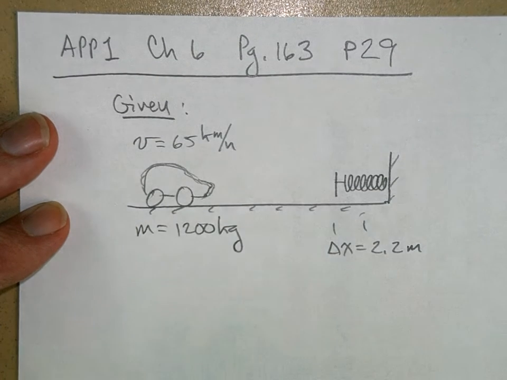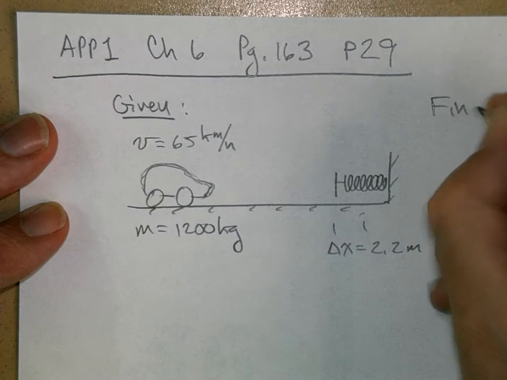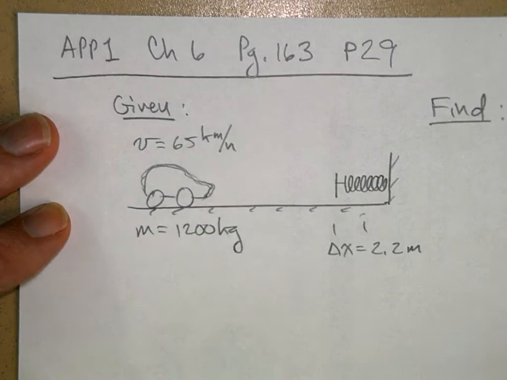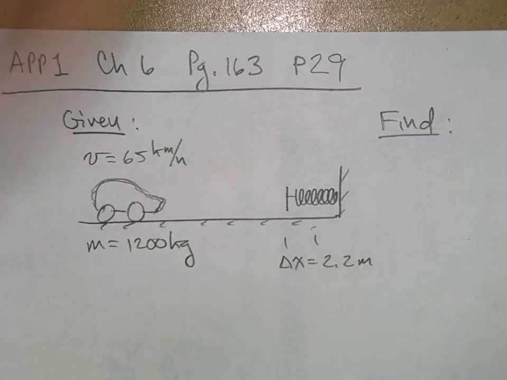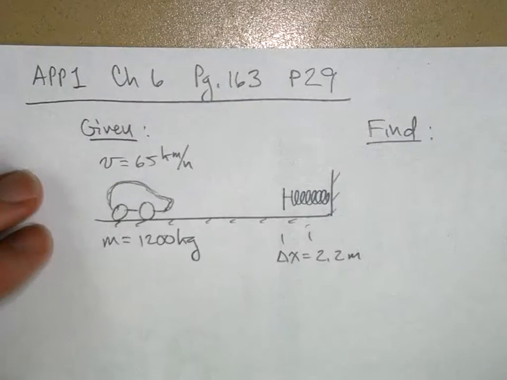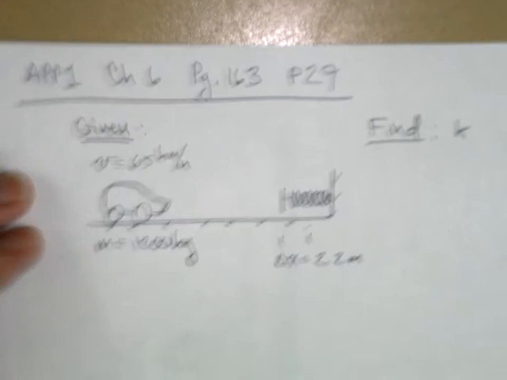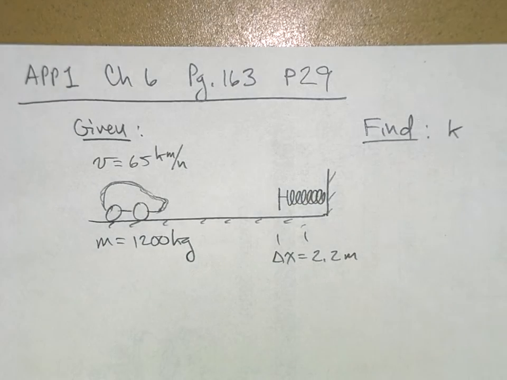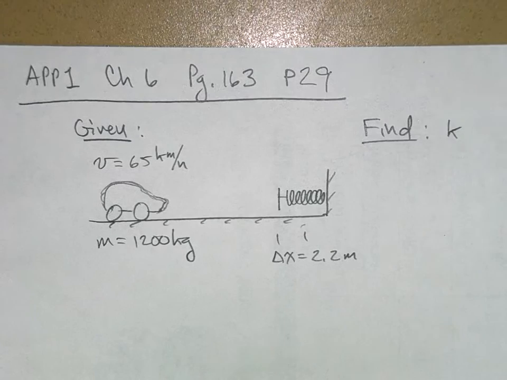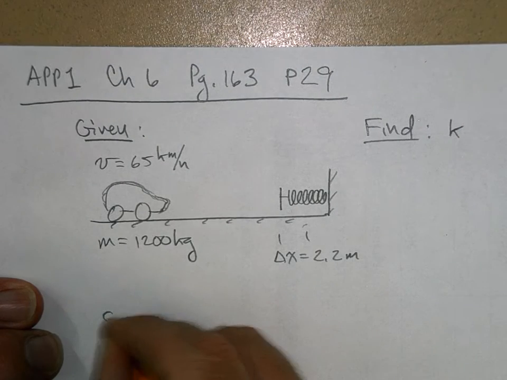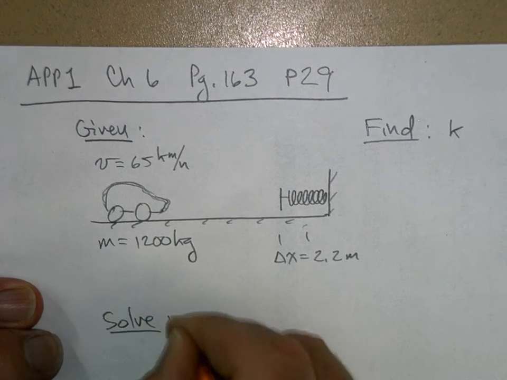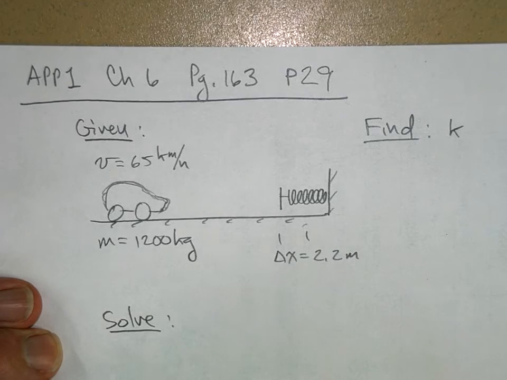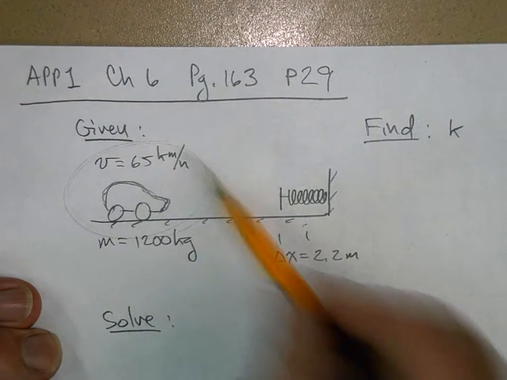And we want to know, let's zoom out, what's the spring constant? We use lowercase k to represent spring constant. So the way we solve this is this. This has kinetic energy.